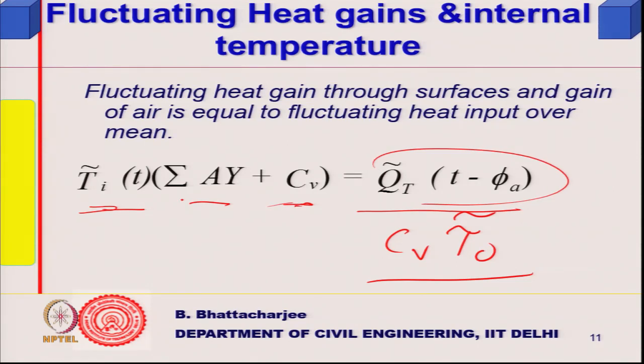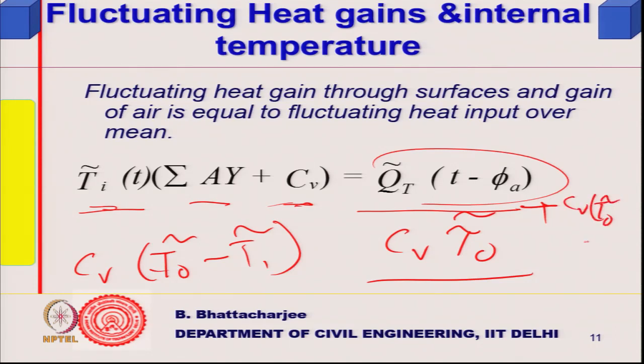In this one, C V into T O swing, I have taken care of here. This part still remains, because we did not take care of T O swing minus T I swing. So, if I add this whole thing here, C V into T O swing minus T I swing, where T I is unknown, it would be something like this.